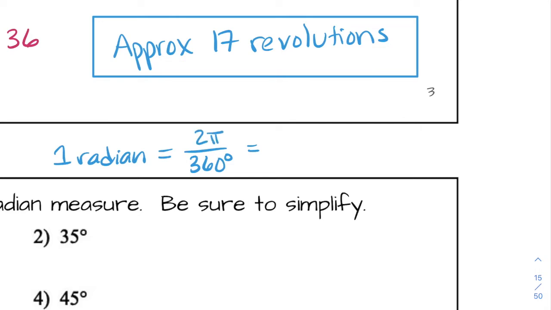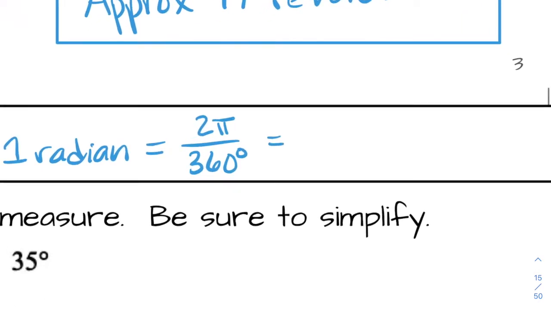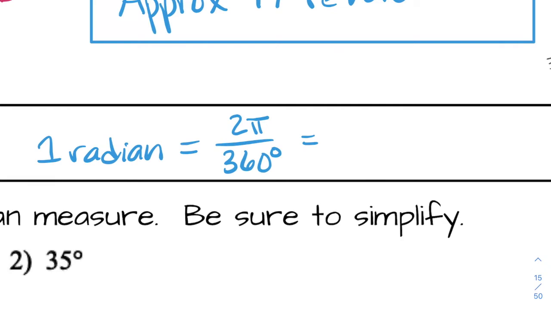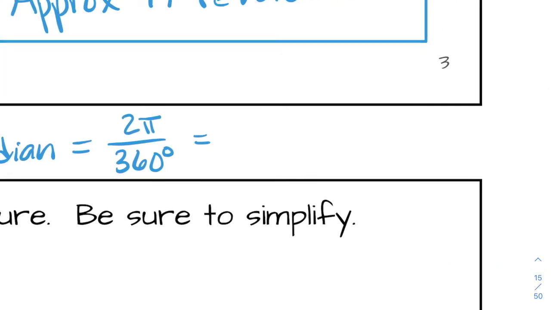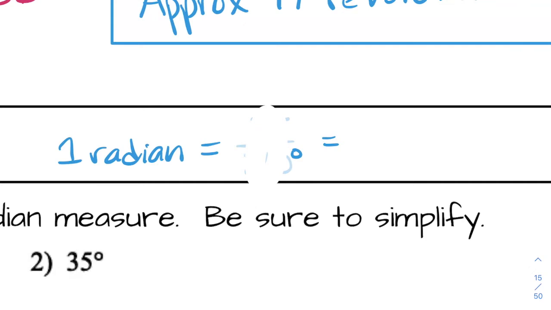Why? Well, imagine for every radius there are 2 pi lengths around. Circumference is equal to 2 pi. So let's just keep it as simple as this. Let's simplify it a little bit more. Well, 1 radian measure is 360 divided by 2 pi.